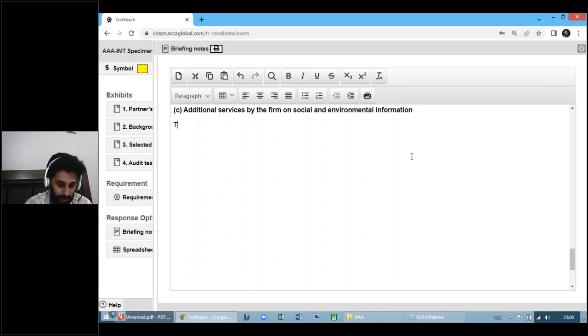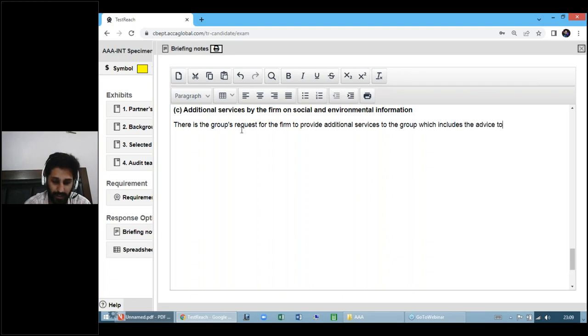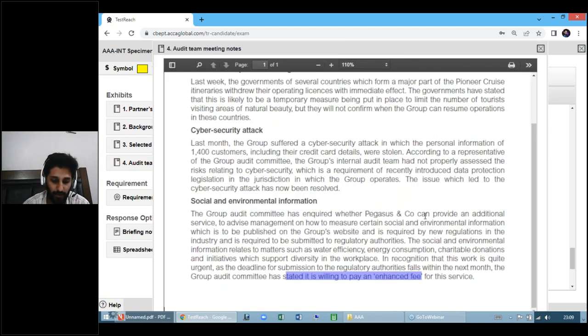There's a group request for the firm to provide additional services to the group, which includes the advice on environmental information. And you know that social and environmental information will be published.